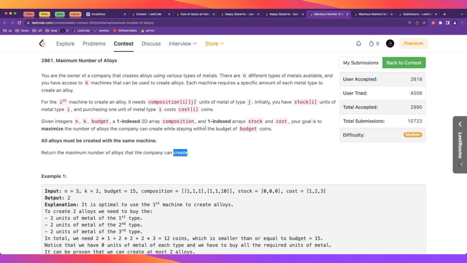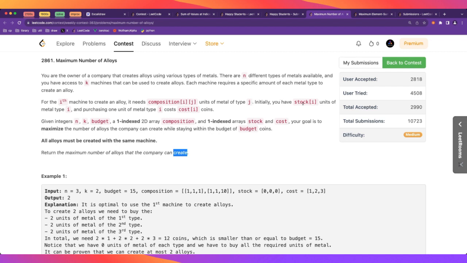Okay, so let me explain. You have K machines, and each machine has a number of metals, so it needs this many units of each metal to create an alloy.